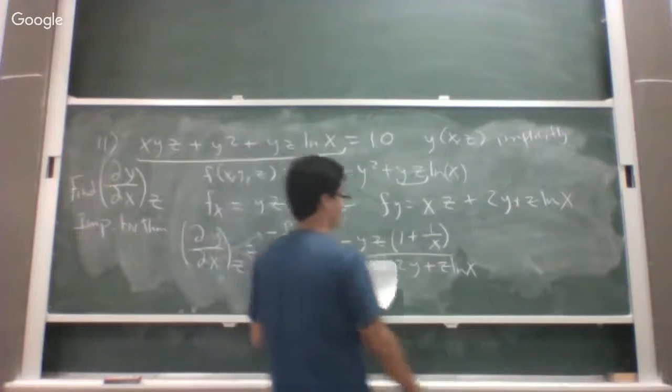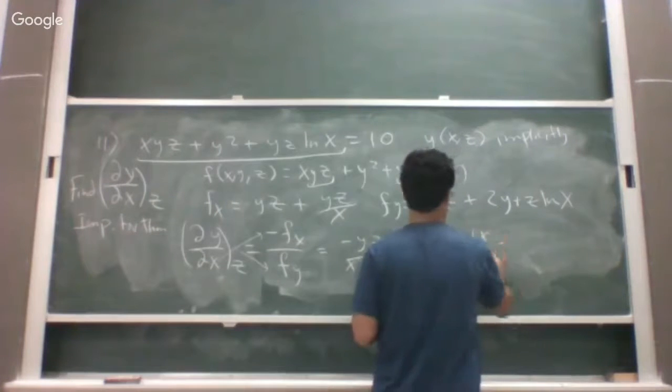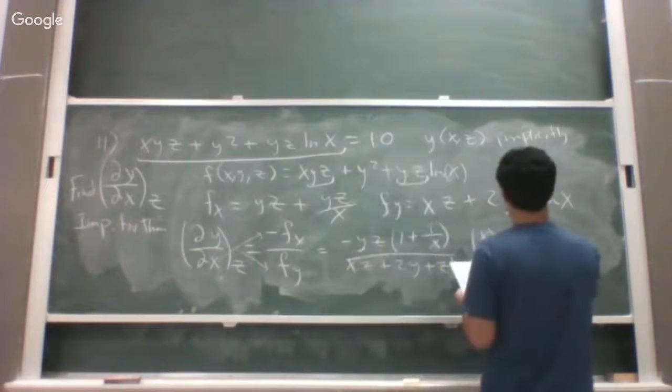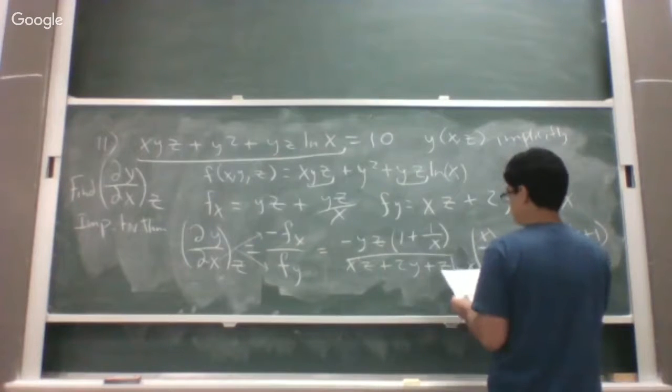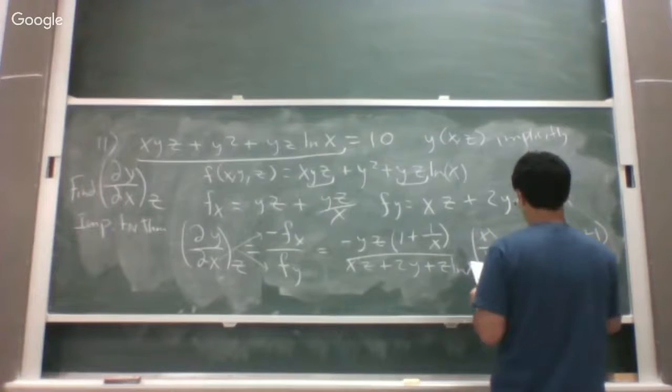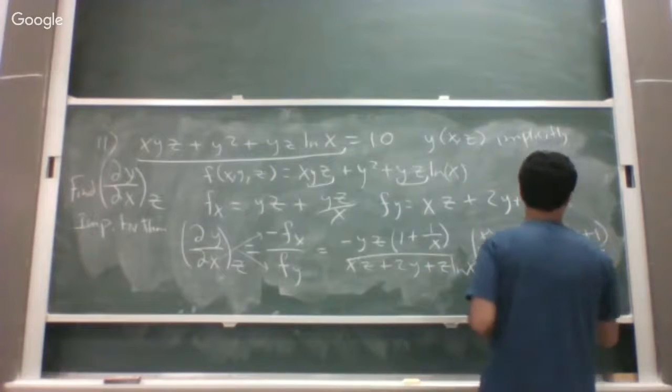And we can multiply top and bottom by x over x. So you get negative yz times x plus 1 all over x times the denominator xz plus 2y plus z natural log of x.